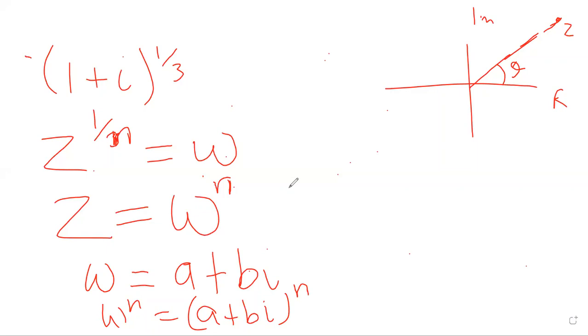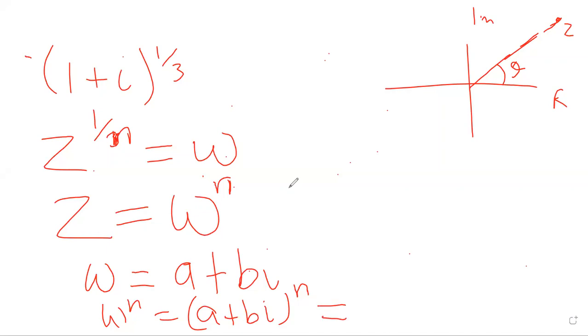Having it in this form will be very hard, because how would I do the whole equation and simplify? It will be very complex because it's in the rectangular form. That is why we have to convert it to the polar form.